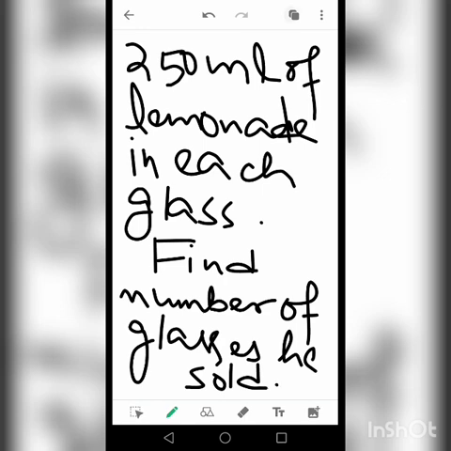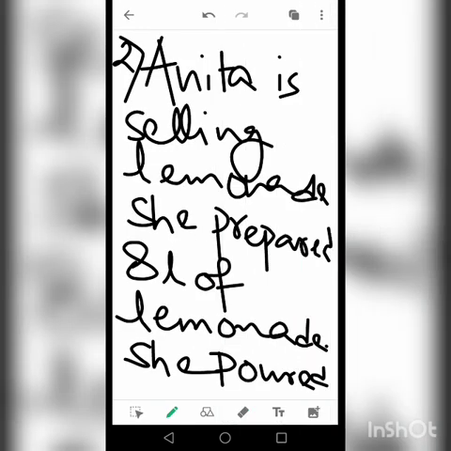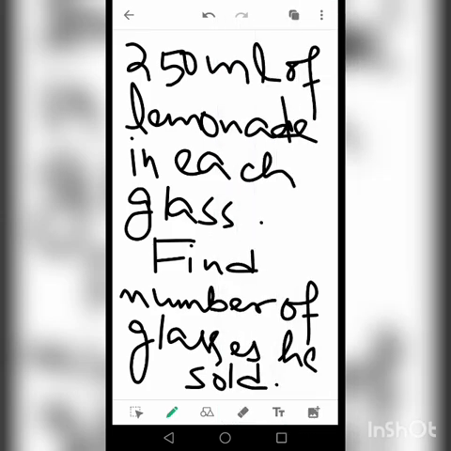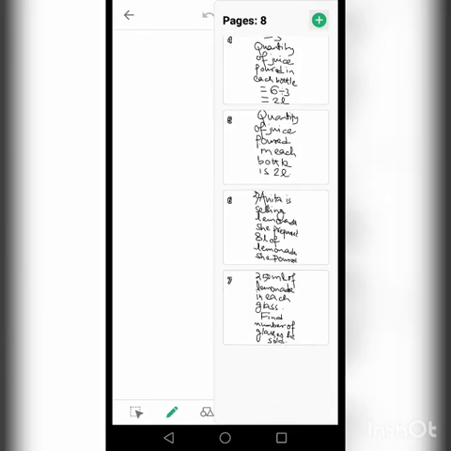Let us look at the question once again. See that Anita is selling lemonade. She prepared 8 liters of lemonade. She poured 250 ml of lemonade in each glass. You have to find the number of glasses she sold. So, in order to do this particular type of sum, we have to convert the quantity in liters to milliliters. We'll begin our answer like this.